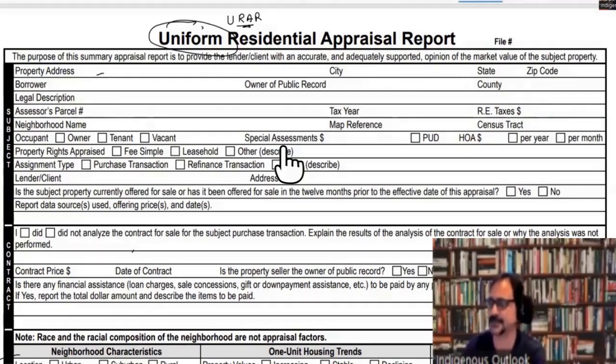Special assessment. Sometimes we do not consider this special assessment anywhere while underwriting, right? Why we do not consider it is because it is a one-time fee. It especially comes in when somebody is getting into a planned unit development with a lot of properties, like condominium properties in one building.